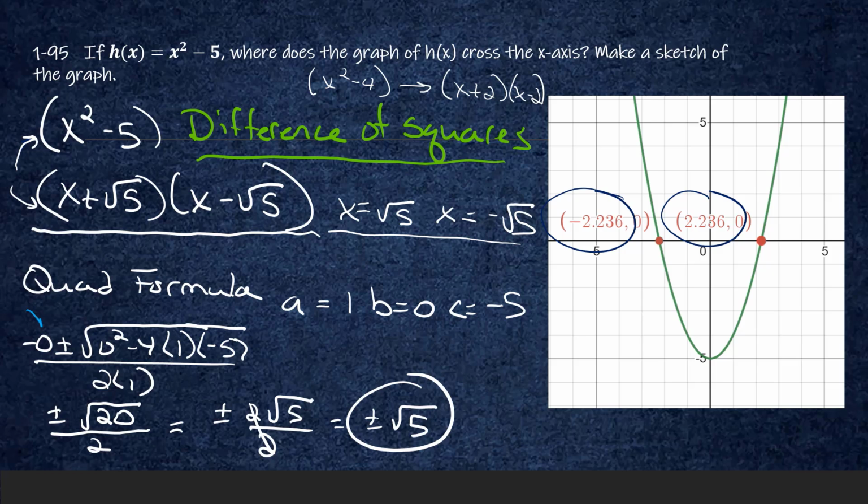So then you have plus or minus the square root of 20 over 2, and the square root of 20 when simplified is 2 root 5. So you have plus or minus 2 root 5 over 2, which equals plus or minus root 5. And you'll see that square root of 5 does equal 2.236. So we have a simplified radical that will round to the decimals pointed to.